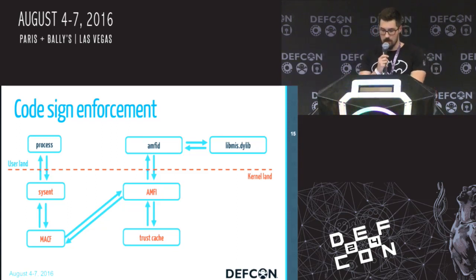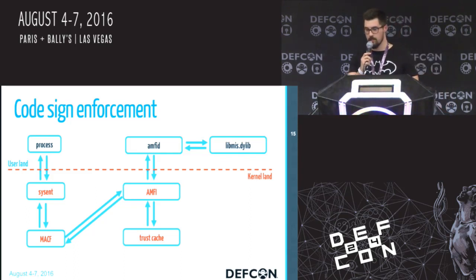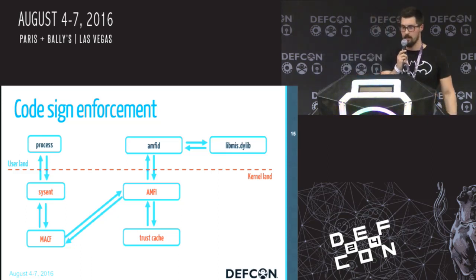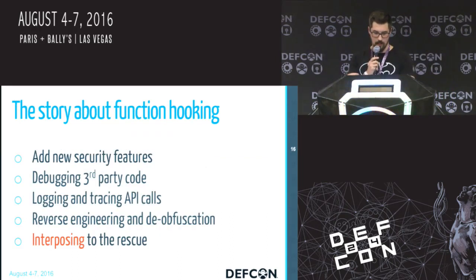Next, we call MFI, which checks the code signature. If the code signature type is ad hoc, we look for the CD hash in the kernel trust cache. If it's not ad hoc, we send it out to MFID, which is in user land and uses libmis.dylib to validate the CMS blob. So a great question: why do we need all this info, right?